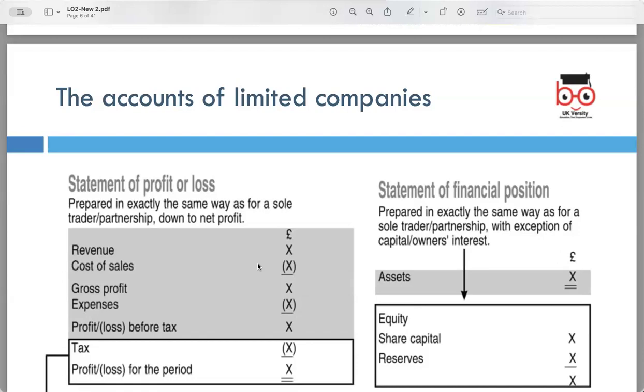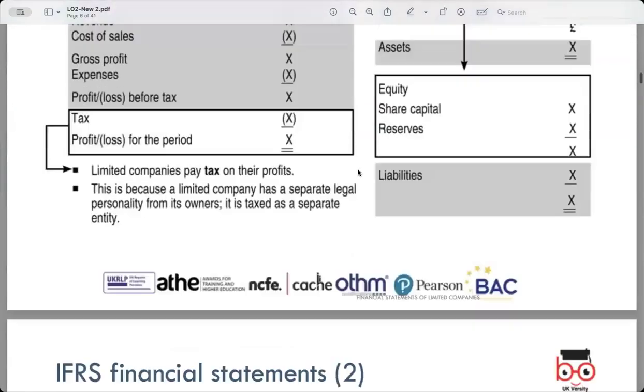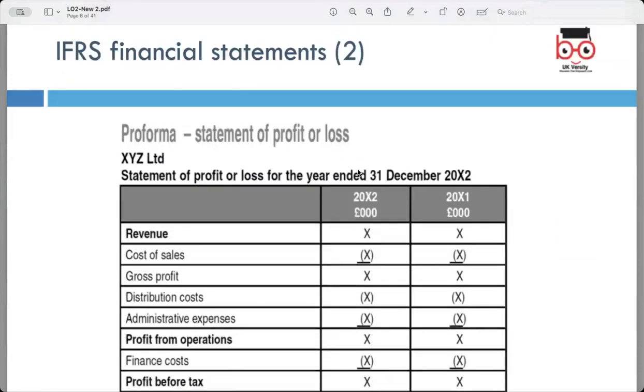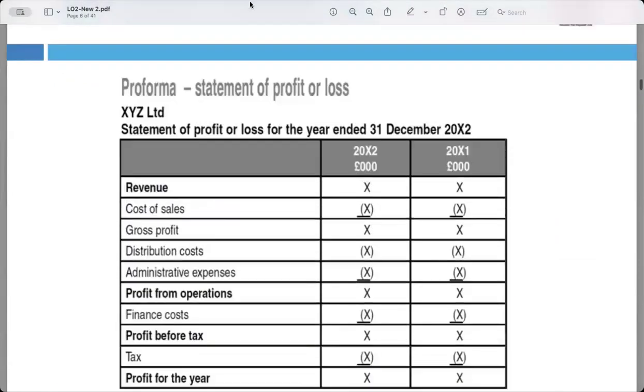For limited companies, equity includes share capital and reserves, which represent the funds invested by shareholders and the accumulated profits retained in the business. This structured presentation ensures that stakeholders have a clear understanding of the company's profitability and financial health. Any questions so far?